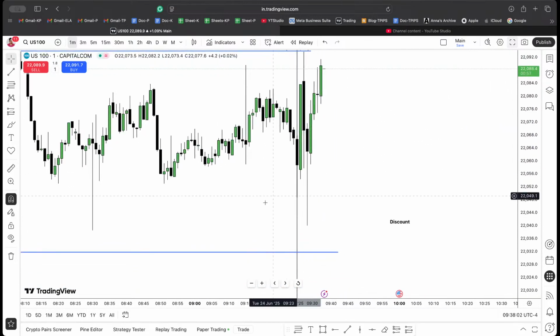We can also determine that the market has taken some liquidity from this area. It seems to be the minor sell side.